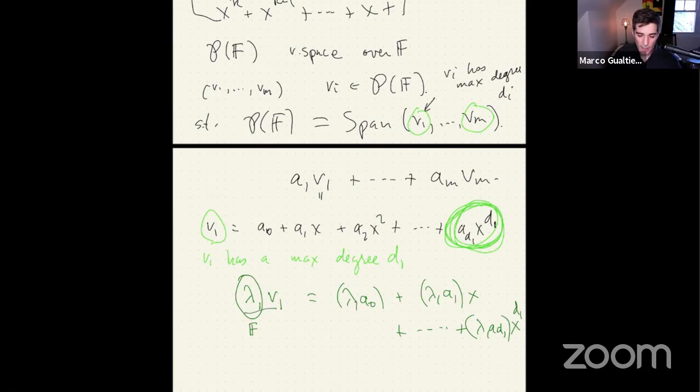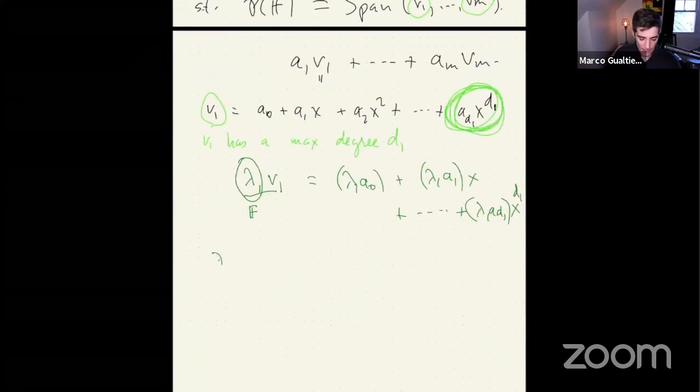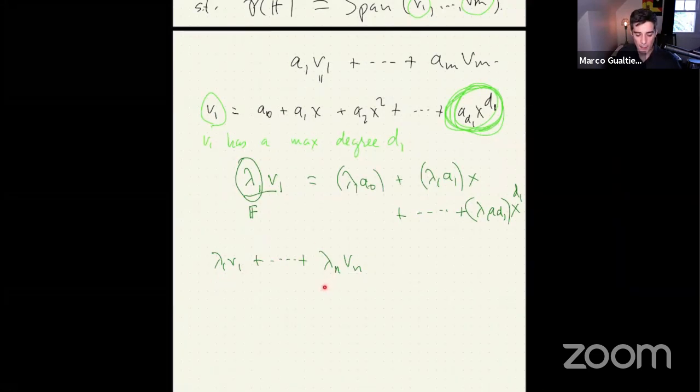So when I take a linear combination lambda 1 v1 plus ... plus lambda n vn, this term has maximum degree D1, and this one has maximum degree Dn. So the whole thing has maximum degree whatever the maximum of D1 up to Dn is.